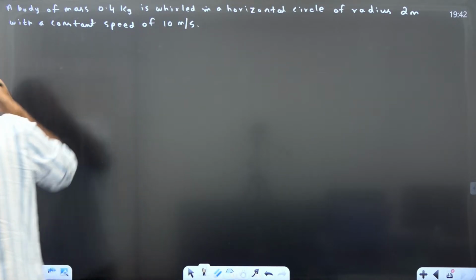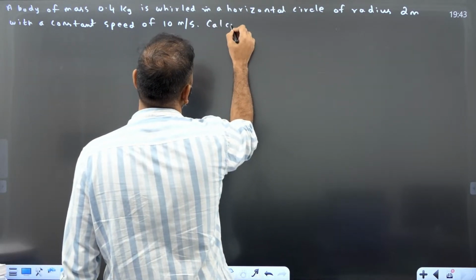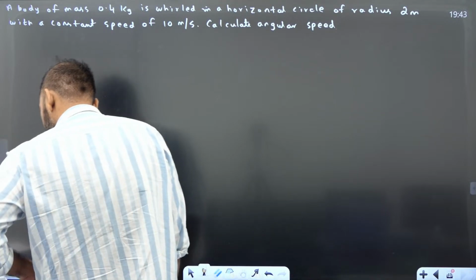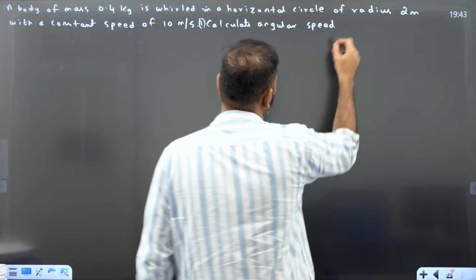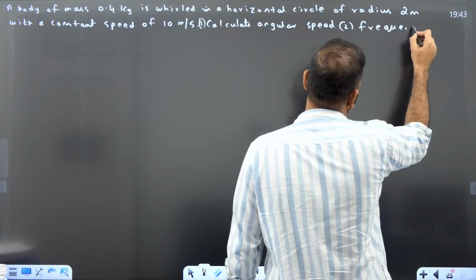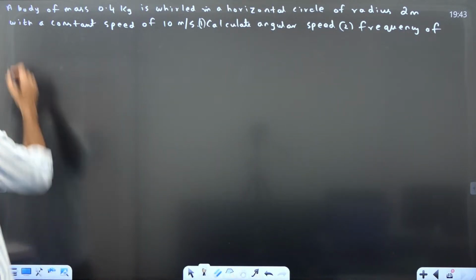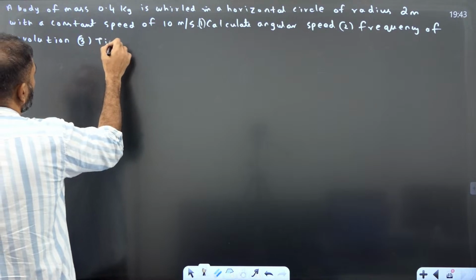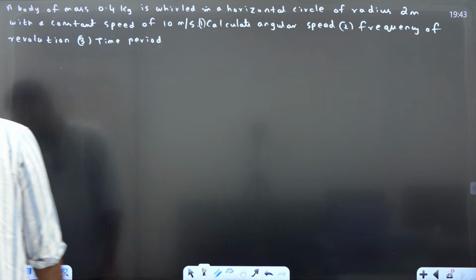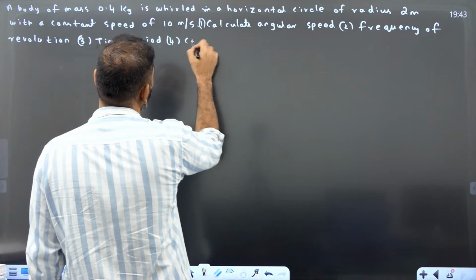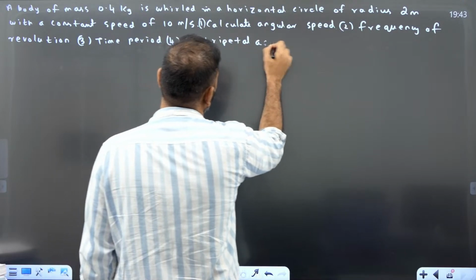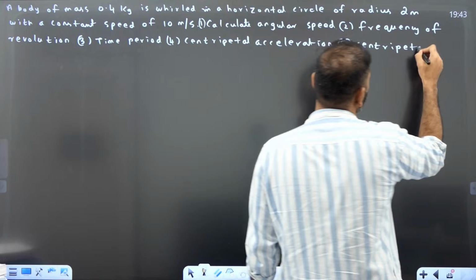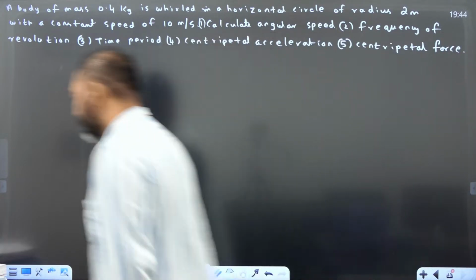Calculate: first, angular speed; second, frequency of revolution; third, time period; fourth, centripetal acceleration; and fifth, centripetal force. This much we have to find out.